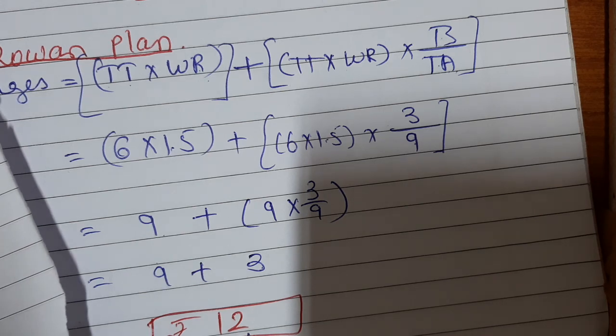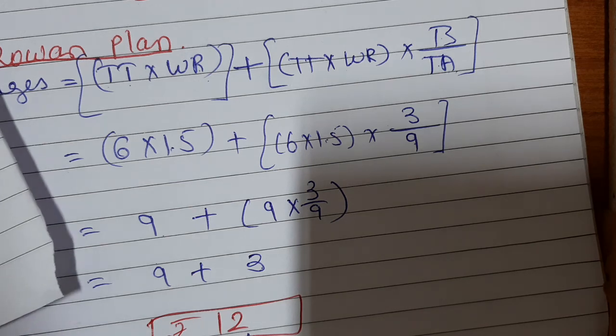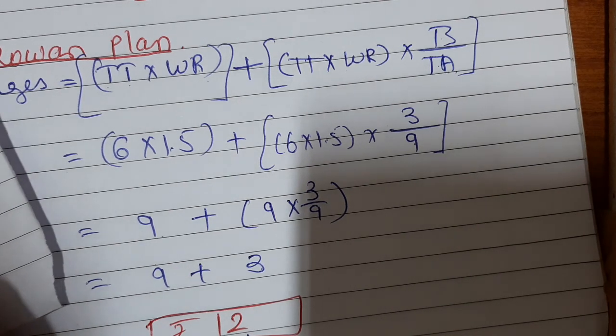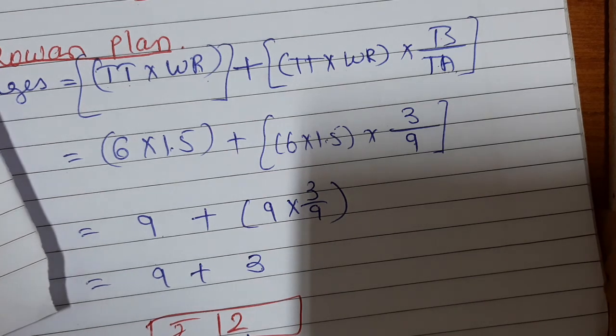Piece wage system, he will be given rupees 13.5. Halsey plan, he would be given 11.25. And Rowan plan, he will be given rupees 12.